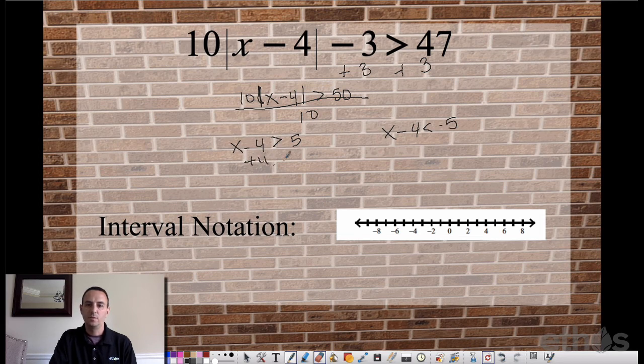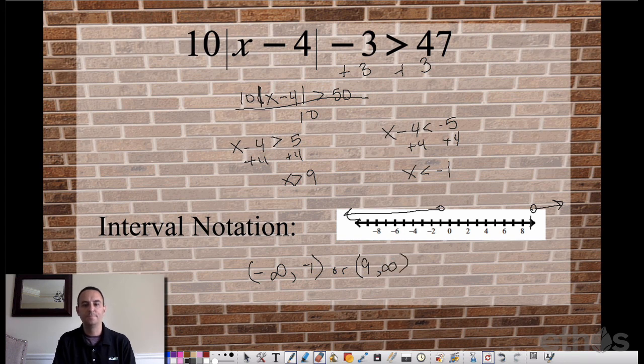We're going to add 4. So we have x is less than negative 1 and x is greater than 9. Interval notation being negative infinity all the way up to negative 1, or a positive 9 all the way on to infinity.